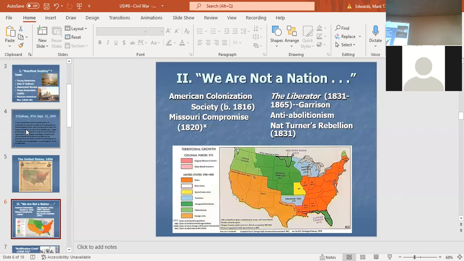Yes, William Lloyd Garrison is a pastor, but he's pretty disconnected from Christianity in the United States. Frederick Douglass, the ex-slave, had a really tenuous relationship with Christianity.